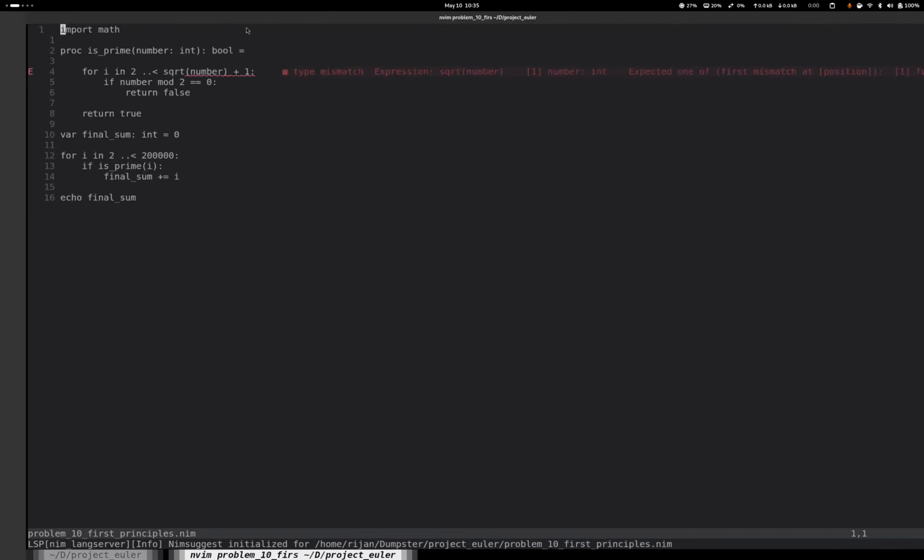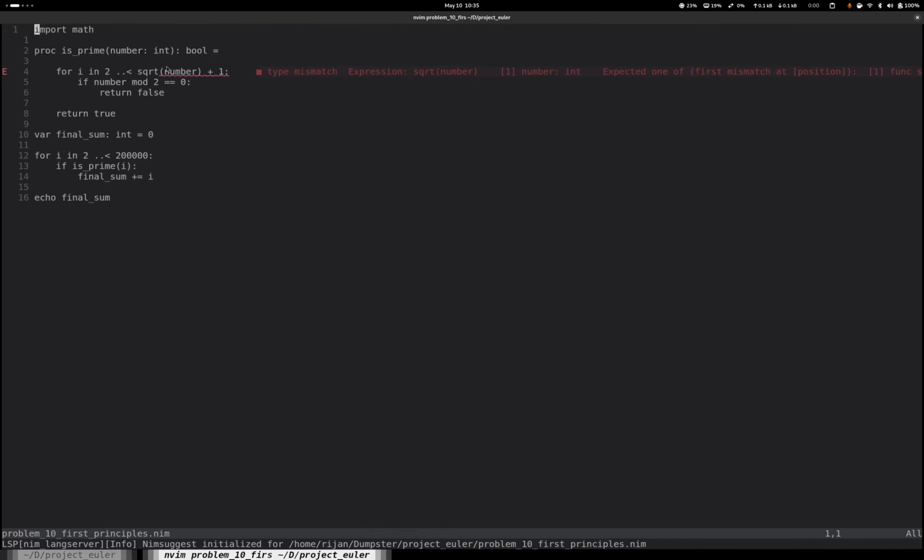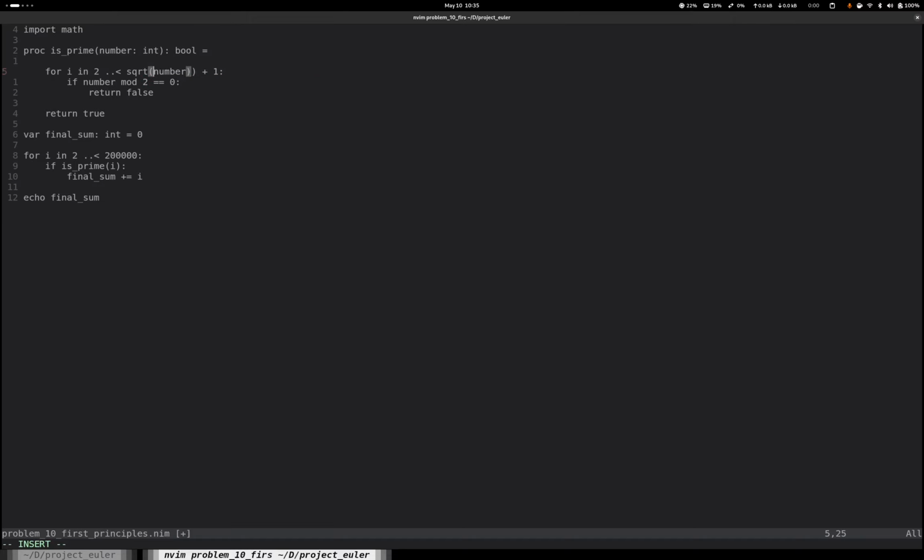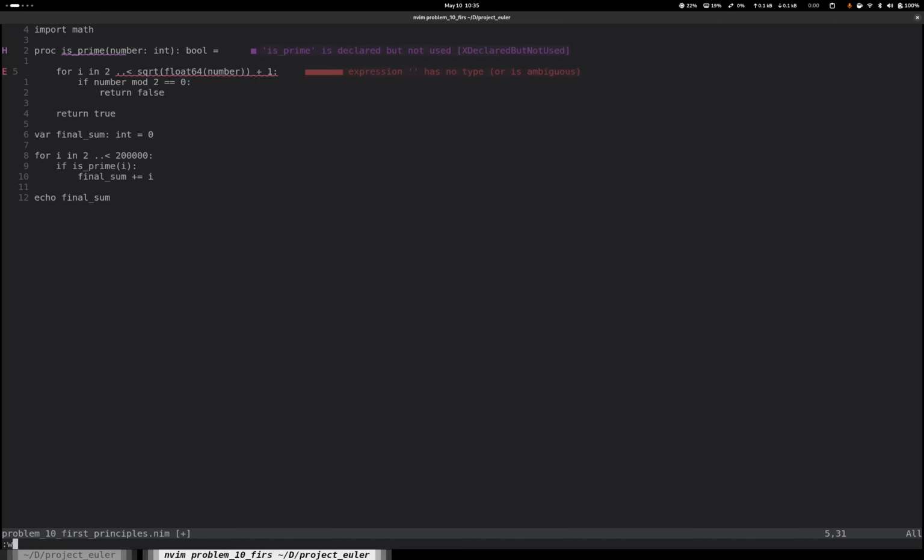And so, okay guys, because square root needs floats, and square root can return floats, we need to do a couple of type conversions. So we would be doing float64.